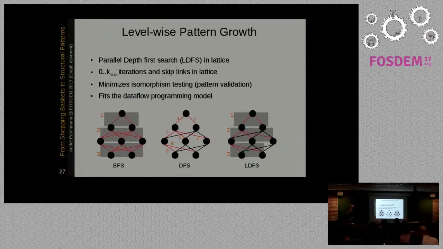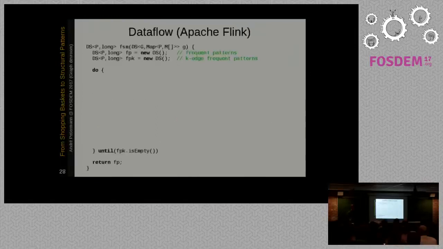This means we only need k max iterations, which is the maximum edge count of the largest frequent pattern, and can skip these links, and we still minimize isomorphism testing. This approach fits the data flow programming model very well. I will show you, using some pseudocode, how we can implement this on Apache Flink.